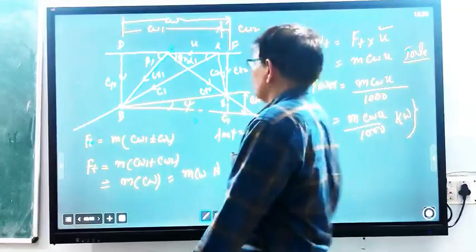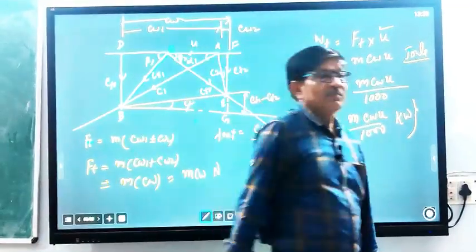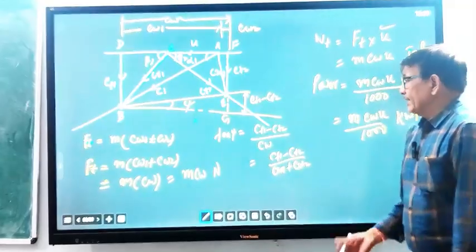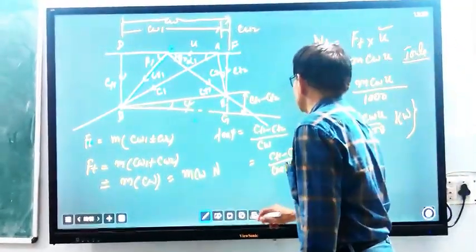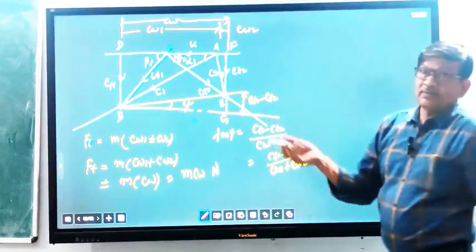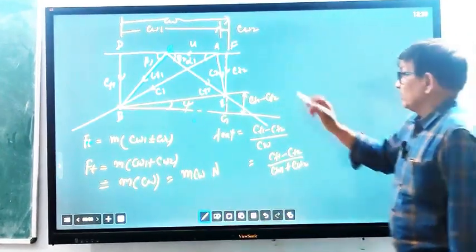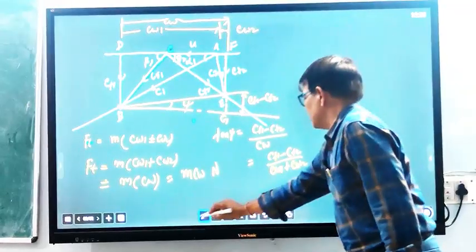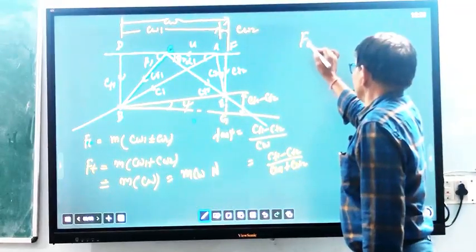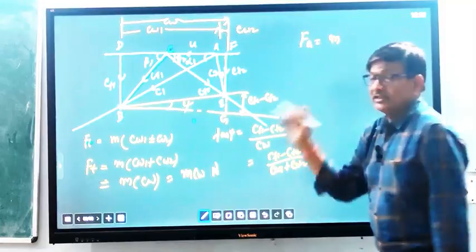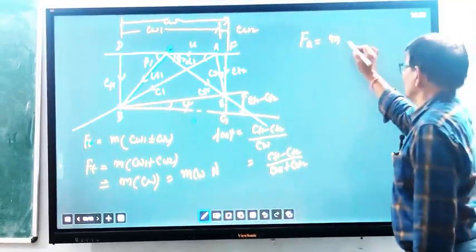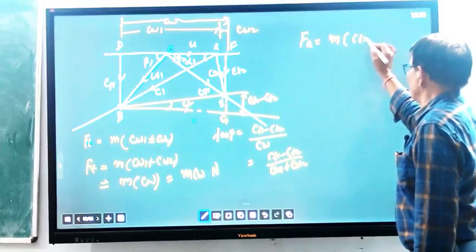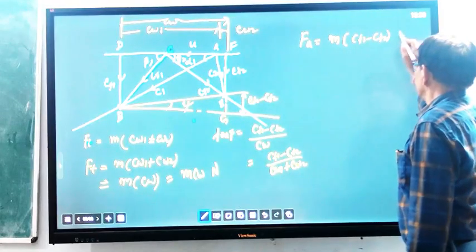So from this equation you can find the kilowatt power developed by the turbine, and next we can find the axial thrust, because in the actual case there is also an axial thrust. So F into A equals mass times the change of velocity per second in the axial direction, that is equal to M into CF1 minus CF2 newton.